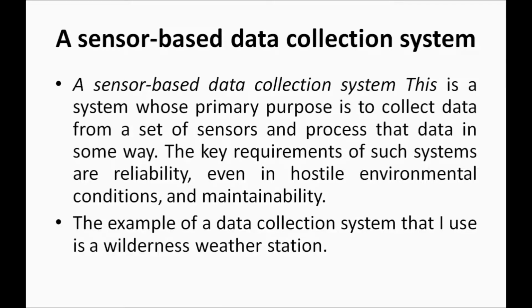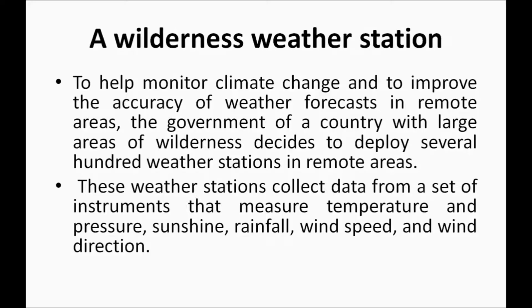To explain this, I am going to consider the Wilderness Weather Station. So what is this software actually? See here. This is weather station software. This software is used to help monitor climate changes.